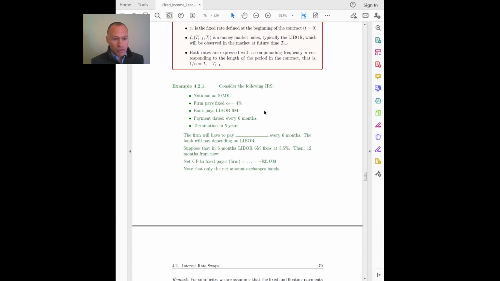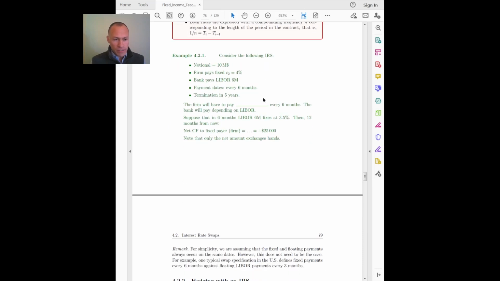Okay, so let's look at a simple example. An interest rate swap with a notional of $10 million. There are two counterparties. One is a firm. Let's say that the firm pays a fixed coupon of 4%. The other counterparty, which is a bank, will pay the floating rate, which is the LIBOR 6-month rate.